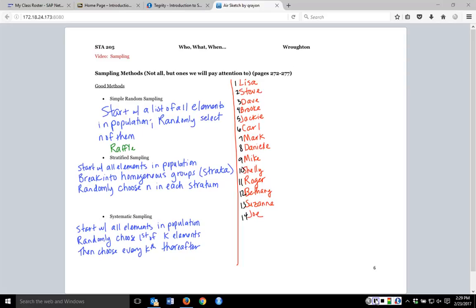And let's suppose that for my simple random sample, my goal is to choose 6 people. Alright, so I'm going to use some type of random number generator to tell me to pick 6 numbers between 1 and 14.